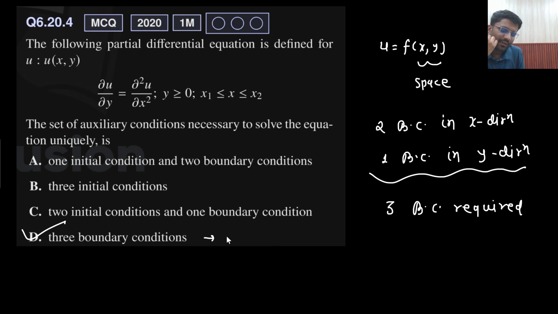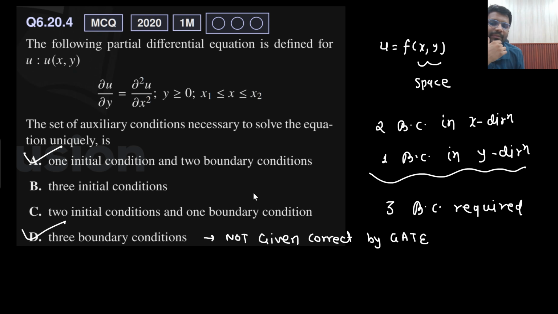It was given wrong, not given correct by GATE. What was given correct by GATE? This was given by GATE. But till this point, I always feel that this should have been the answer.